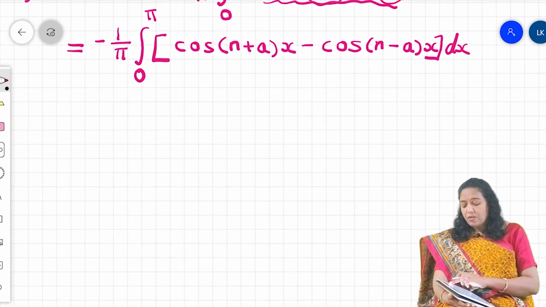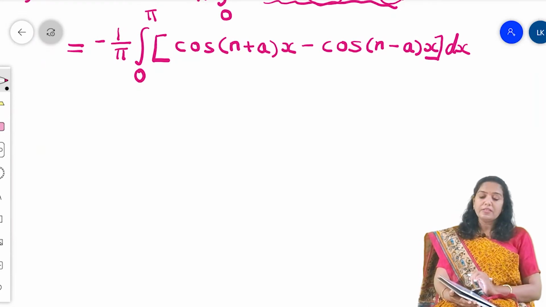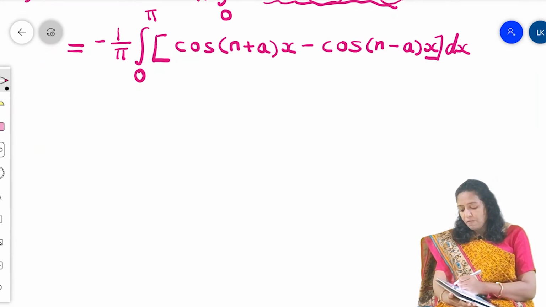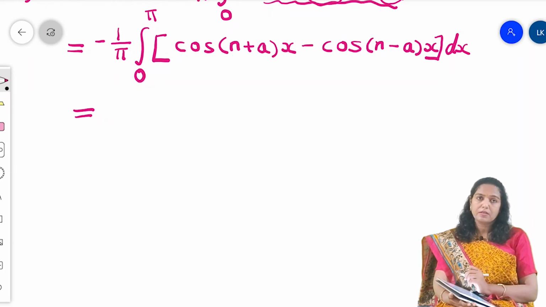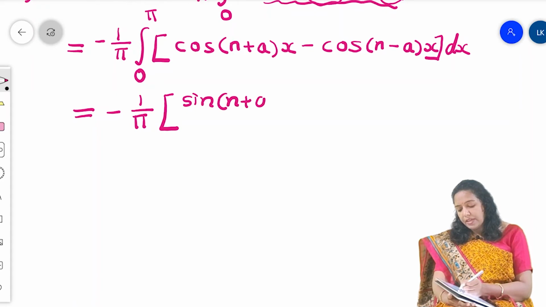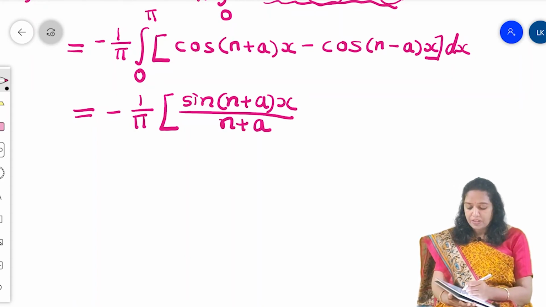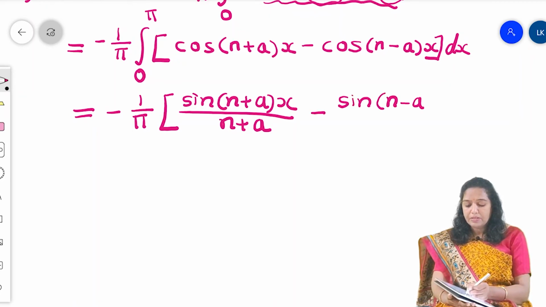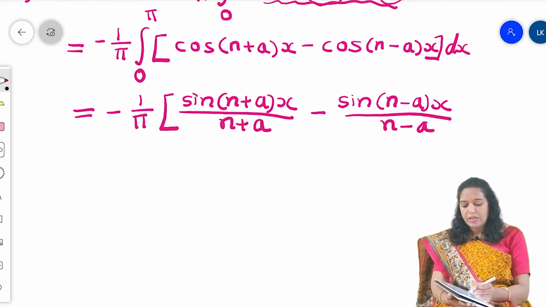Now we want to solve this integral. Integration of cos function is sine, that is minus 1 upon pi, integration of cos is sine (n plus a) into x upon the derivative n plus a, because the derivative of x is 1, minus sine (n minus a) into x upon the derivative n minus a.